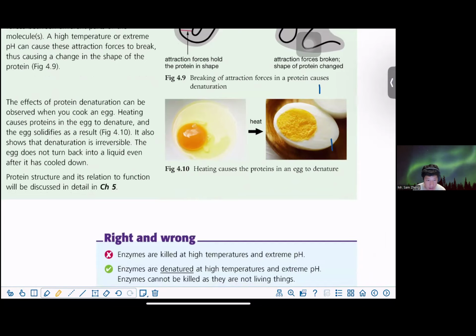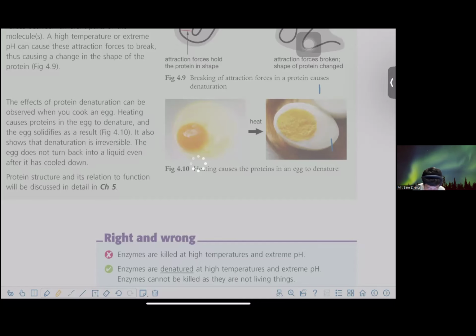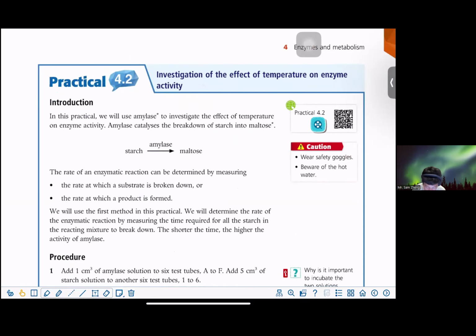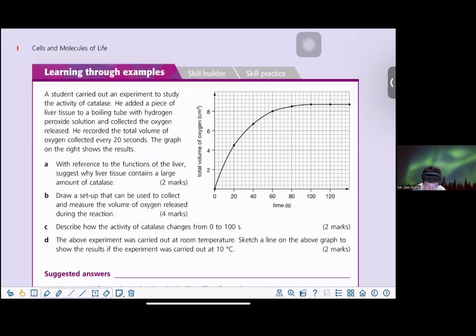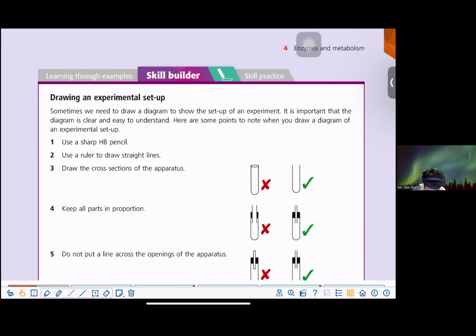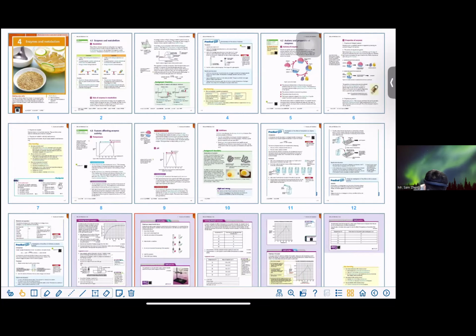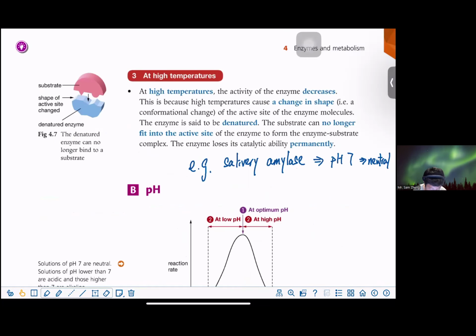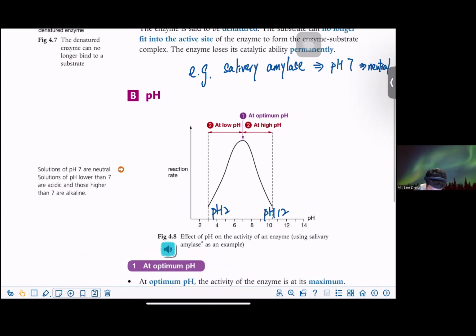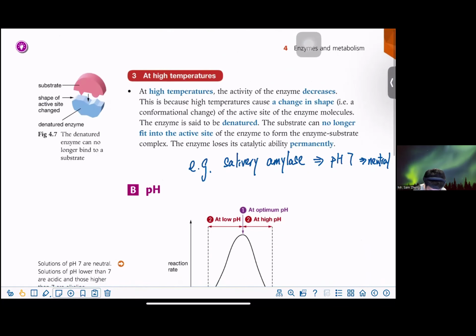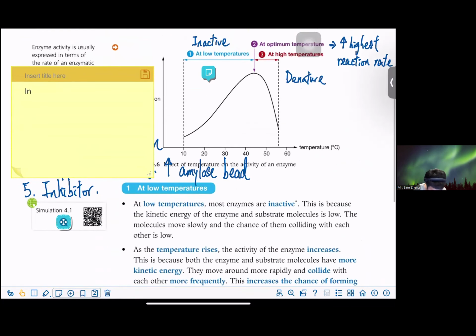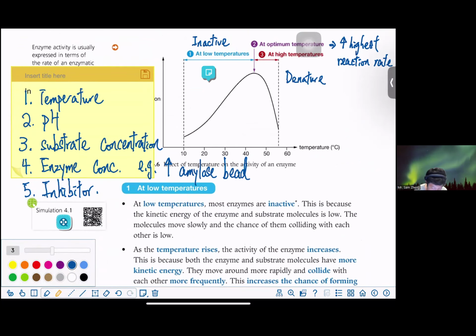So apart from all these things, actually we do have some other factors that may affect the enzymatic activities. But these 5 things are the major things that will affect the enzyme activities.